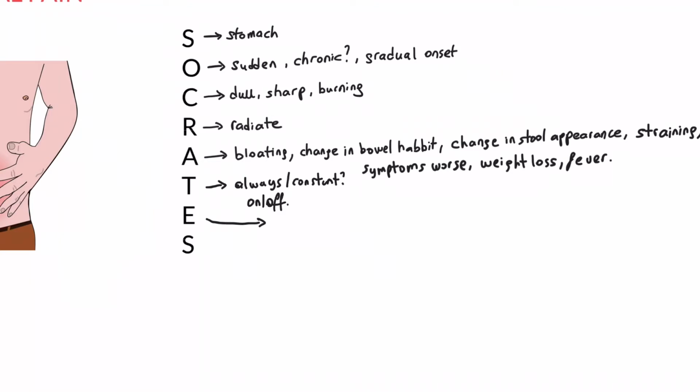Does anything make it better or worse? Obviously, if the patient says that it's constant and getting worse, you need to be a little bit worried. And severity, I normally say 1 out of 10, 10 being the worst. You kind of have an idea of where you want to classify the pain.